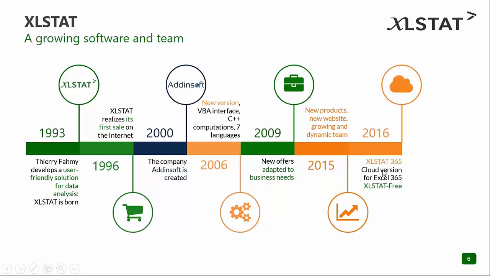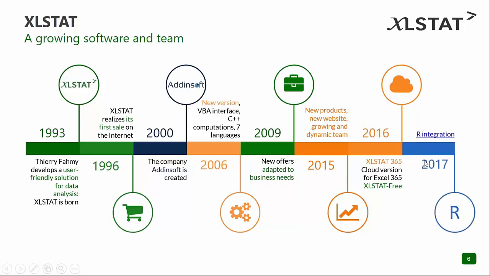Then in 2016, we had two major releases: XLSTAT 365, which is the cloud version of XLSTAT that works on Excel 365 on the internet, as well as the XLSTAT free edition. The XLSTAT free edition includes a limited number of features that you can use for free, without having a valid license.